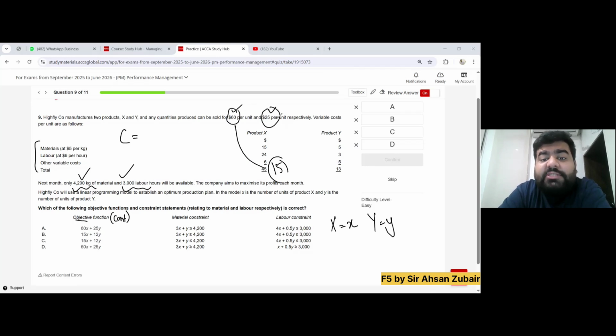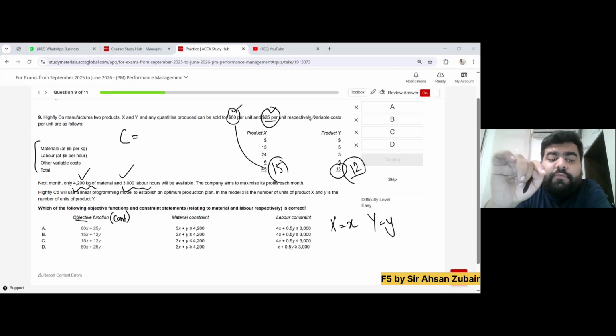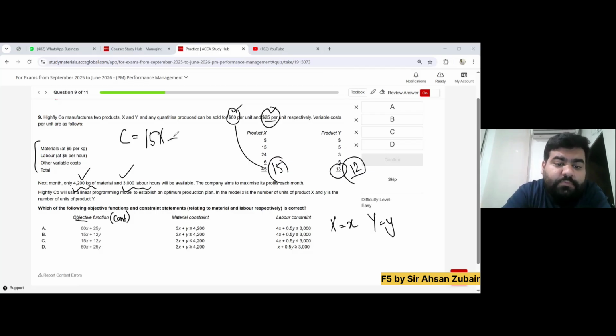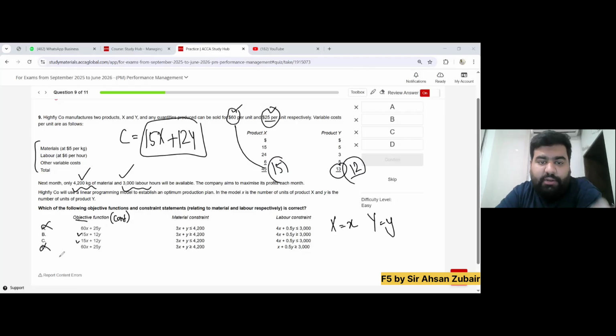Selling price is 25 in case of Y and variable cost is 13, resulting in a contribution of 12. So the equation for the objective function, meaning contribution, will be 15x plus 12y. So the answer is either B or C. It can't be A or D, because we have to calculate contribution and then make the equation.